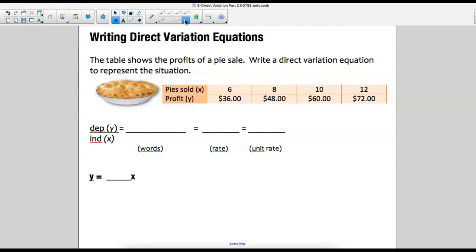Okay, so this table shows the profits of a pie sale. It says write the direct variation equation to represent the situation. Okay. In this problem, what's the independent variable and what's the dependent variable? It's been a while since we've actually talked about this. Abby?